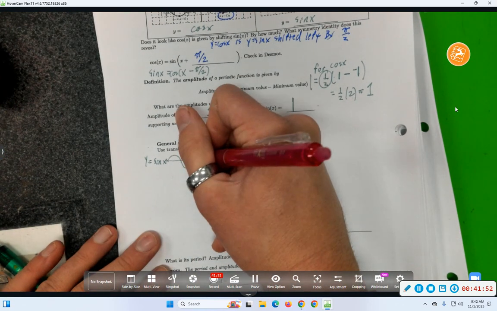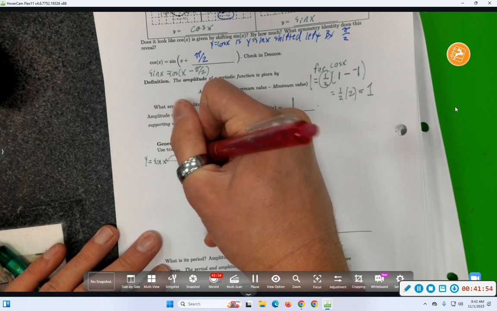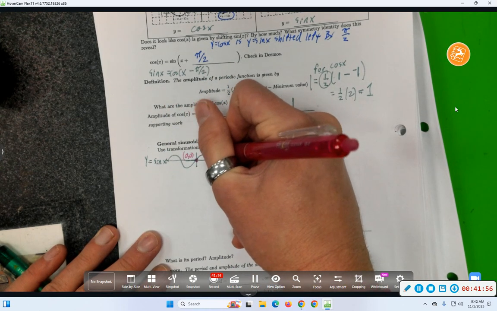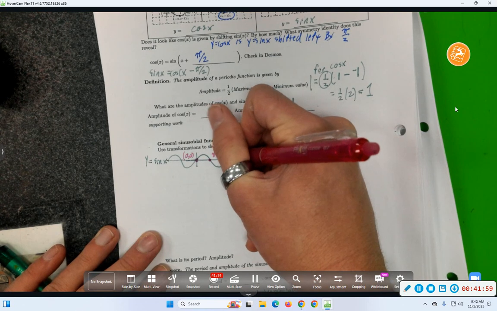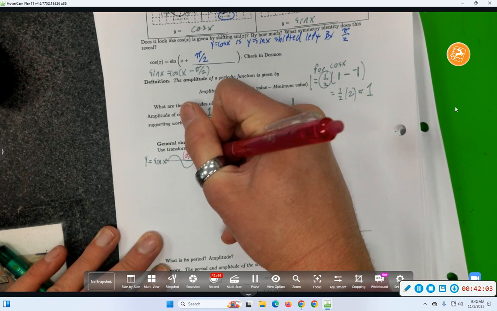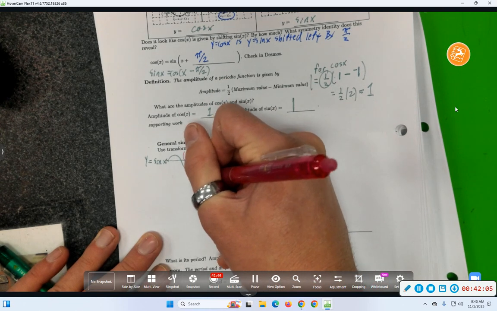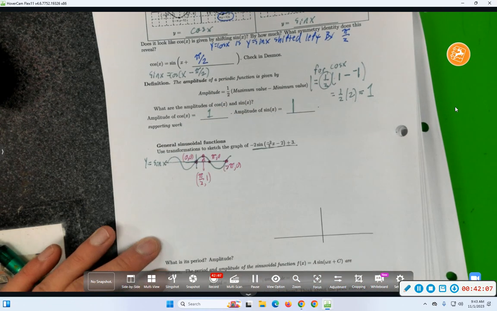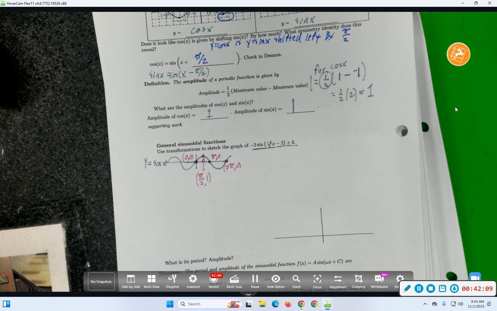It goes to the point (0, 0), (pi, 0), (2 pi, 0), and maybe I'll pick out this peak, (pi over 2, 1). And now I need to do some transformations to it. Do you remember what order we're supposed to deal with the ingredients of transformations in?